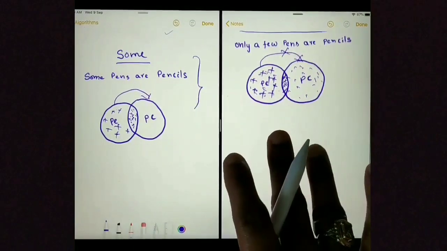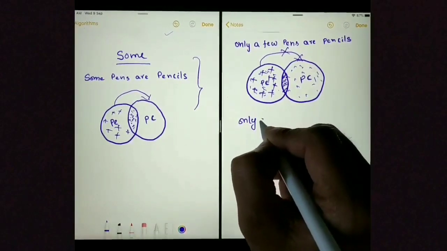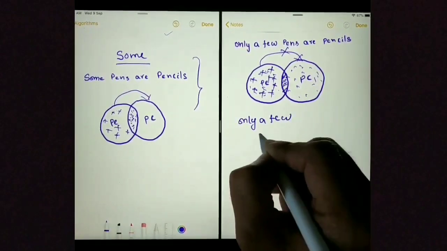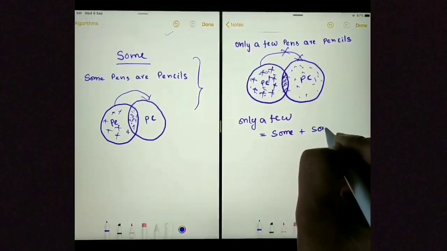From this we can say that only few is equivalent to some plus some not.